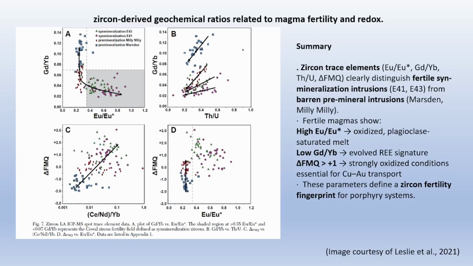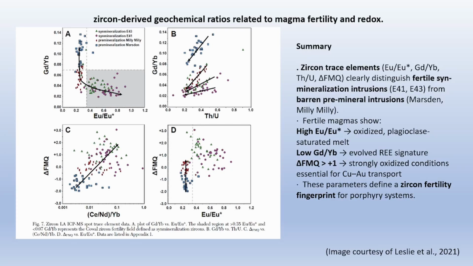Then we have panel B, which is gadolinium/ytterbium versus thorium/uranium ratios, and they are both redox sensitive proxies. What stands out in this diagram?